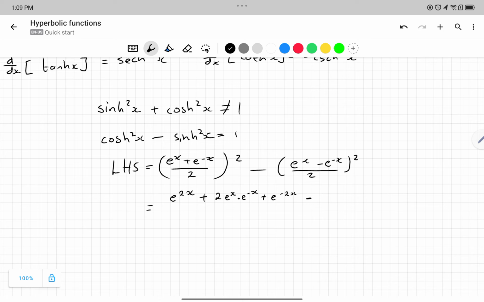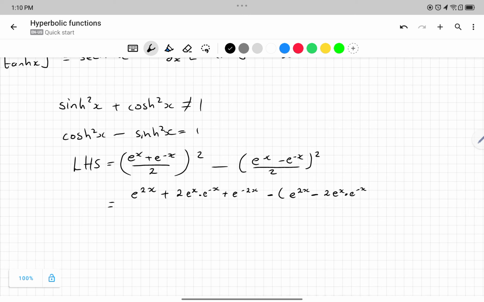Minus, I'm going to put a bracket. You do the same process. Minus 2 e to the x times e to the exponent of negative x, then plus e to the exponent of negative 2x. This is all over 4. So we get e to the exponent of 2x minus e to the exponent of 2x.